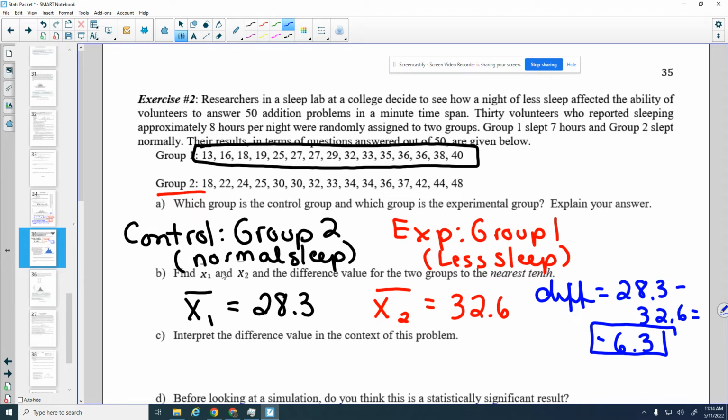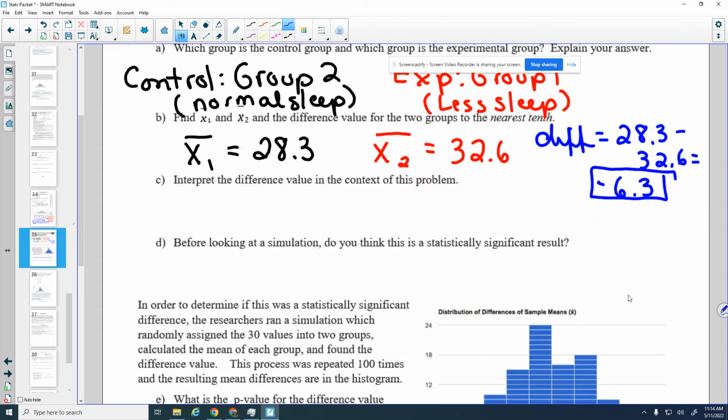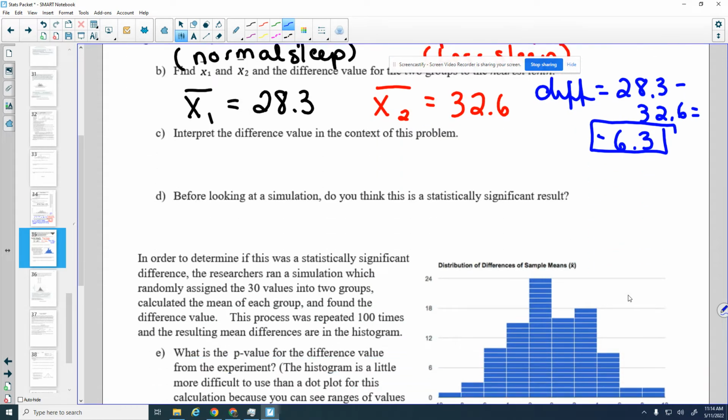So going back to what we're talking about, that means group 1's average number of questions correct was 6.3 below group 2. So we'll write that out.